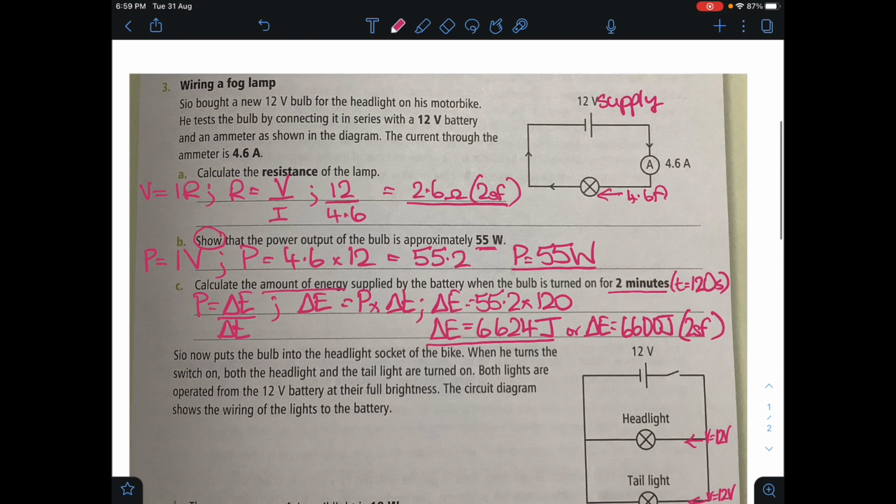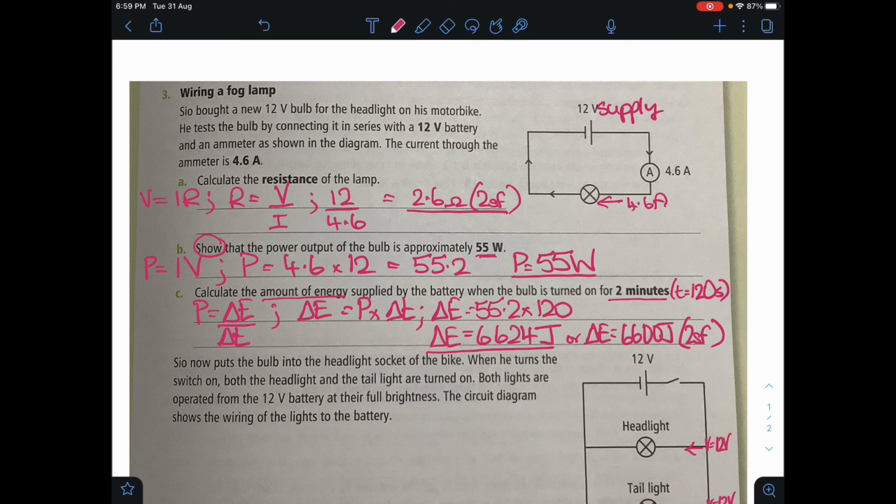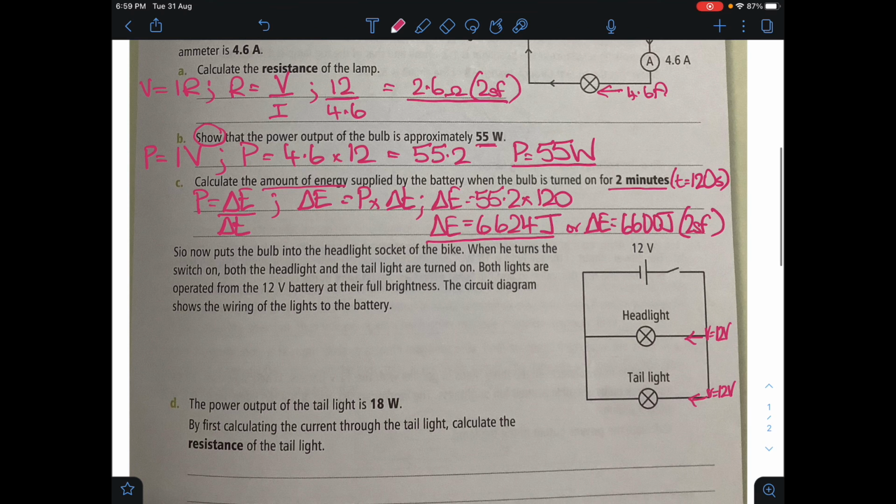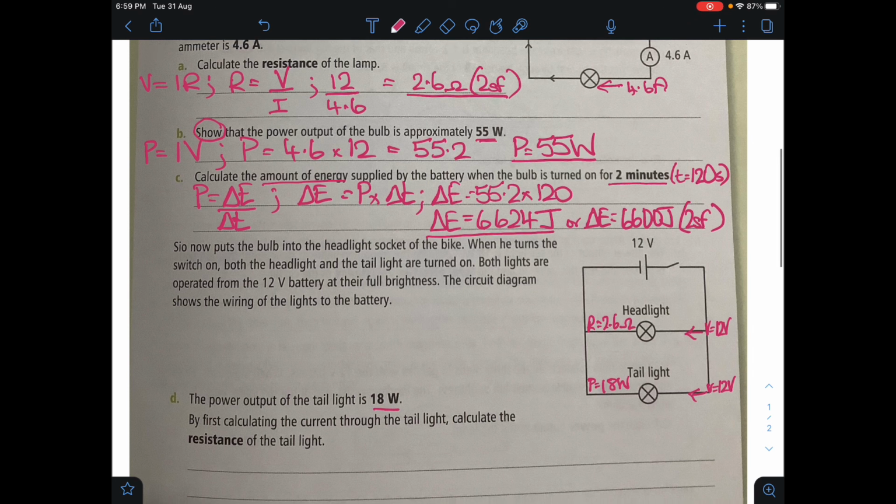And I also know that the headlight, which is the same one as above, has a resistance of 2.6 ohms, and I know that the tail light has a power rating of 18 watts because I'm told that here.